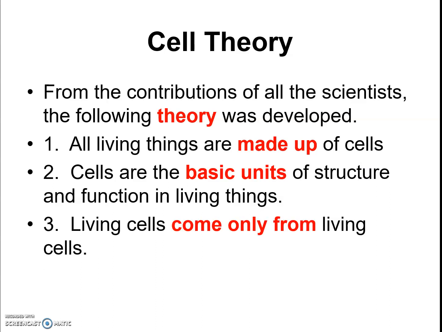And finally, only cells can produce other cells. Living cells can only come from other cells, through the process of reproduction. So this is our cell theory, based upon the contributions of these different gentlemen, from Robert Hooke naming a cell all the way down to Rudolph Virchow, who observed that cells reproduce. They don't just spontaneously pop up out of the ground.